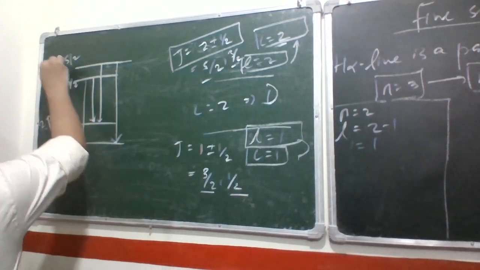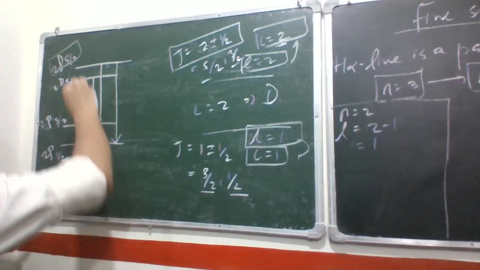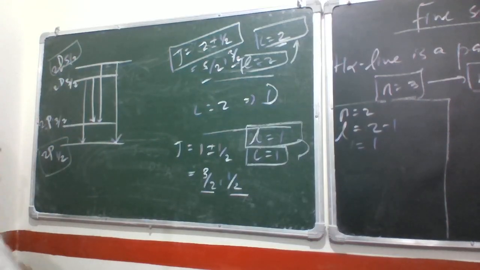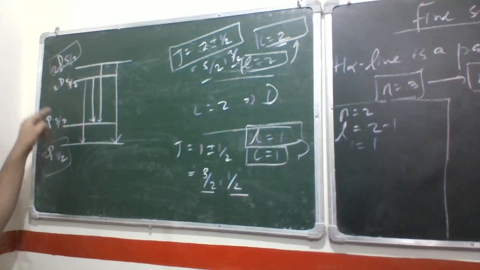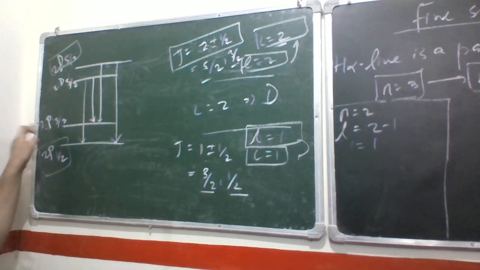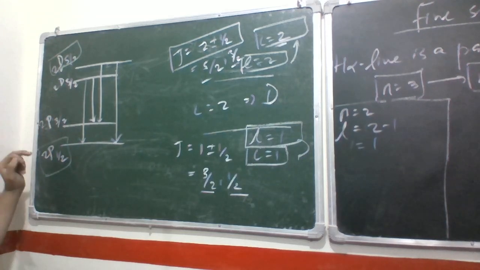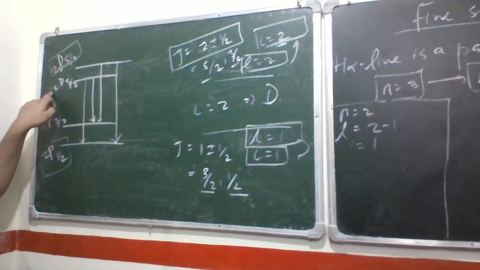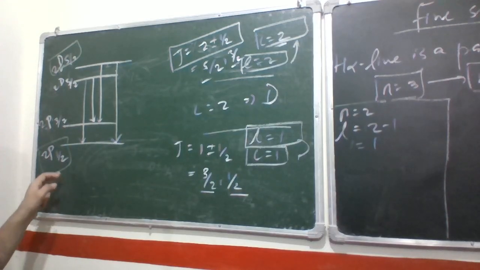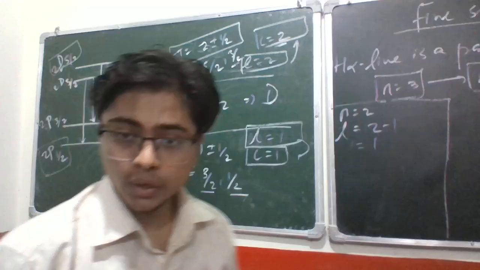One is from 2D 5 by 2 to 2P 1 by 2. Another is 2D 5 by 2 to 2P 3 by 2, and the others are 2P 3 by 2 to 2D 3 by 2, and 2D 3 by 2 to 2P 1 by 2. So we have four spectral lines possible theoretically.